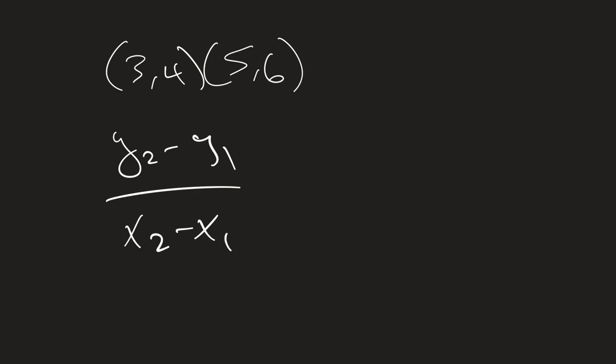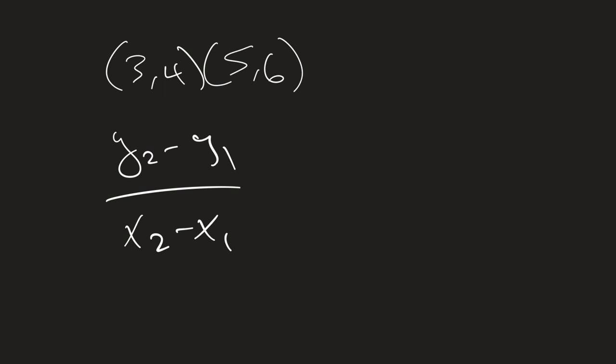On the TV I've got two ordered pairs of numbers, 3, 4 and 5, 6. That describes two points on a line. There's the slope formula right underneath. Remember with your slope formula, we are subtracting the two y values on the top, and we are subtracting the two x values on the bottom.